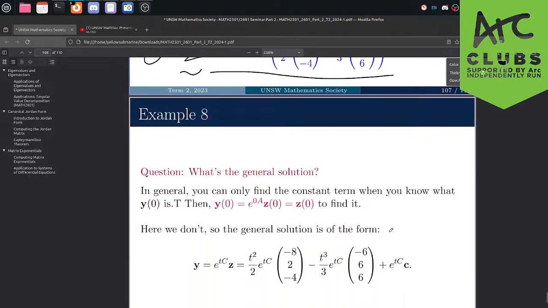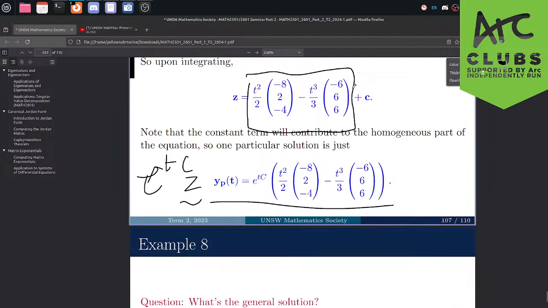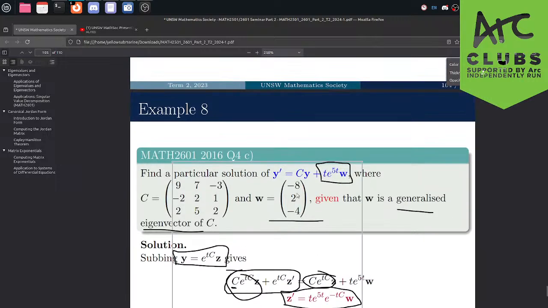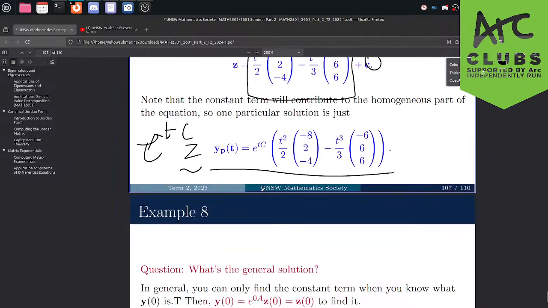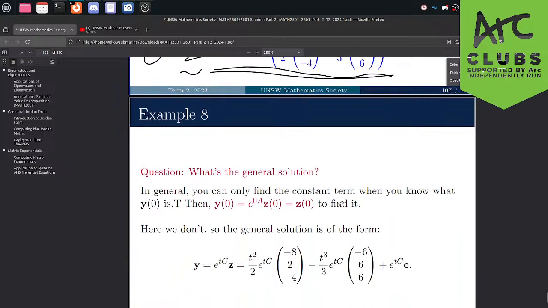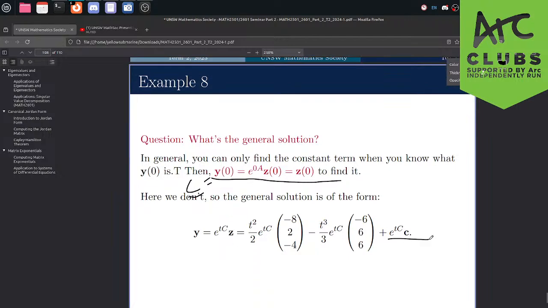So you might ask, okay, then what's the general solution? The issue is we can't directly find the general solution because we don't know z, because we don't know the initial condition. So that's why the question was asking us for a particular solution. If we knew the initial condition, then we can directly substitute that y0, right, is equal to c, which is equal to this whole thing here. So we don't know it, but we can just leave it in this form here. Notice that this is the homogeneous part from before, right?